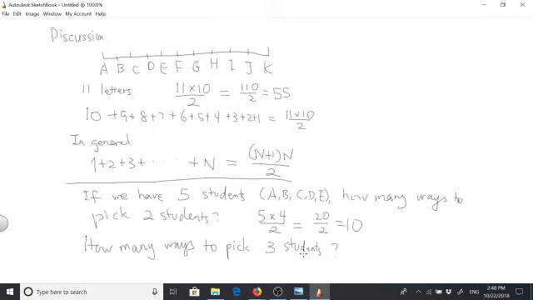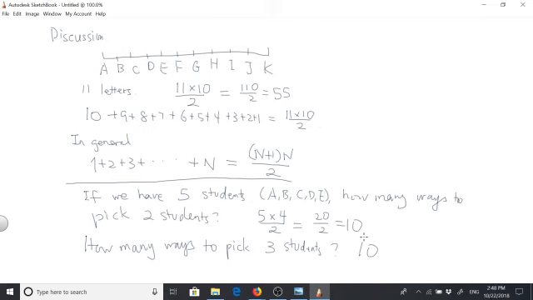Okay, you can pause to think about that. Oh, the pause is over. Let me give you the answer. The answer is going to be 10. It's exactly the same as the number of ways to pick 2 students. Actually, these two are the same counting problems.